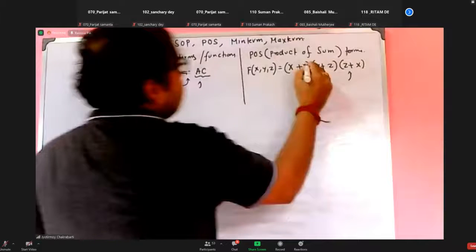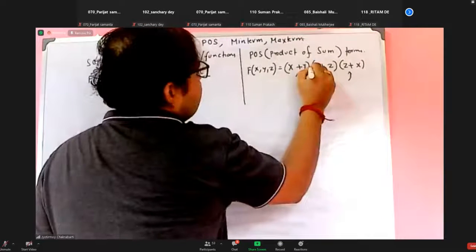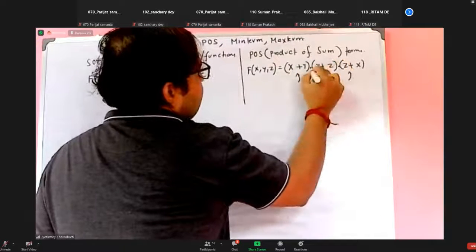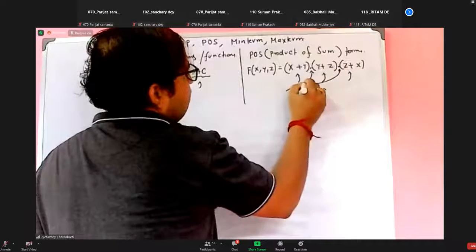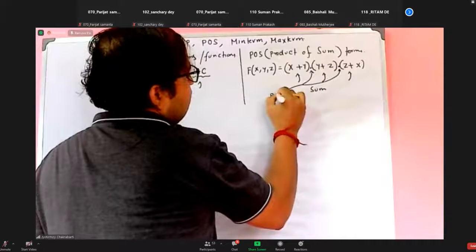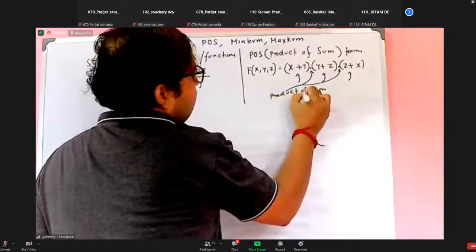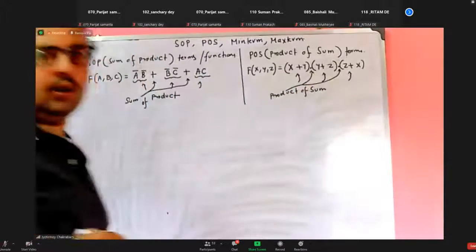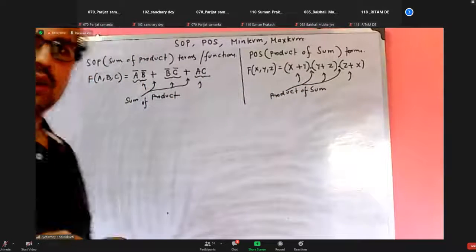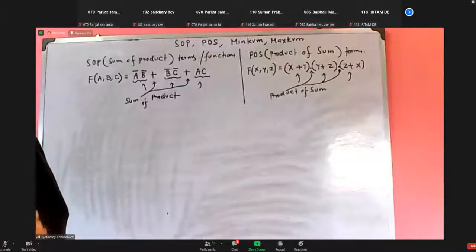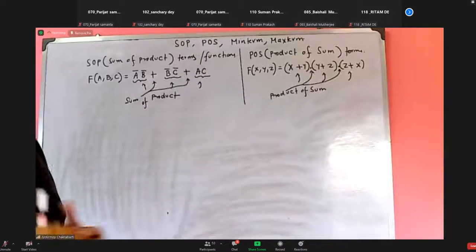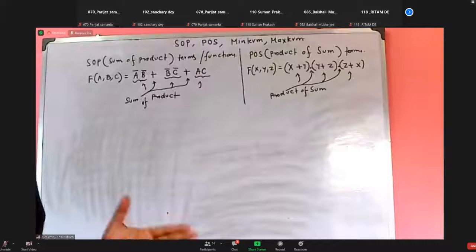So this is dot. Okay. So these two types of logical expressions or Boolean expressions are possible. Sum of product or product of sum.